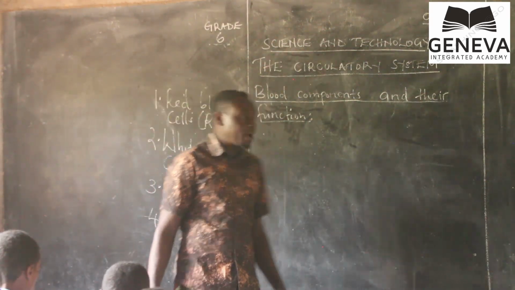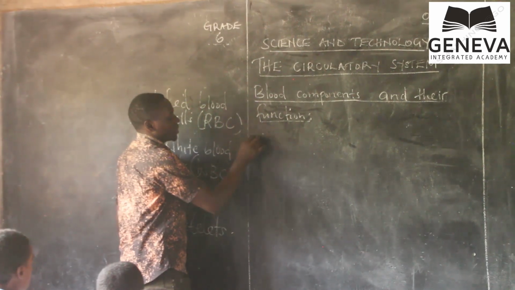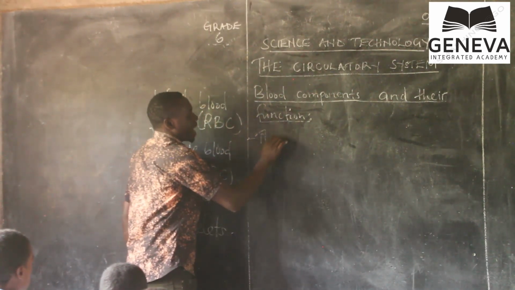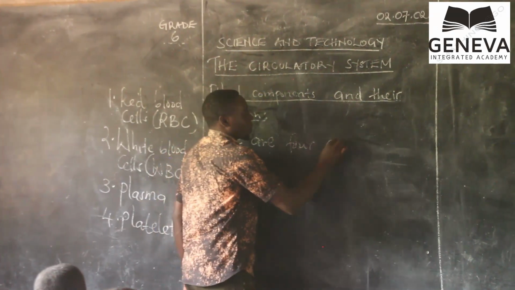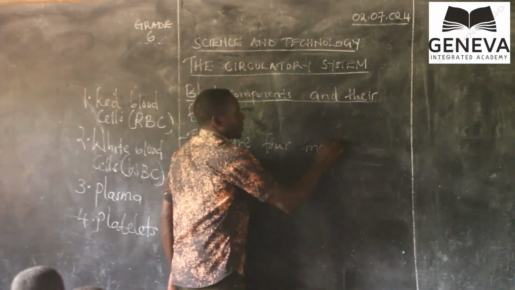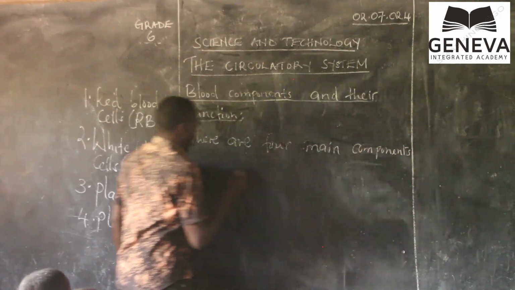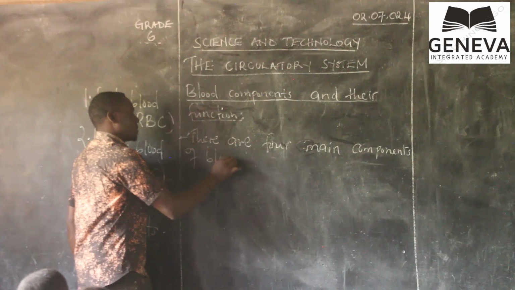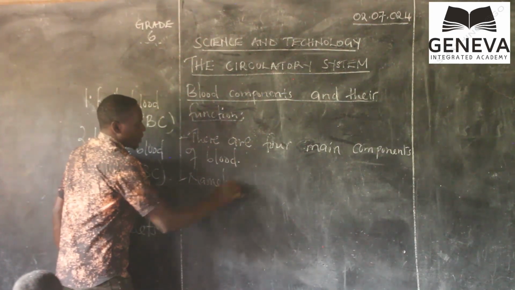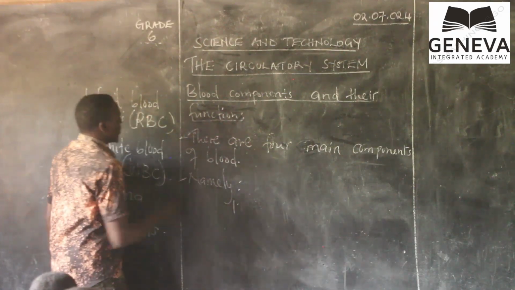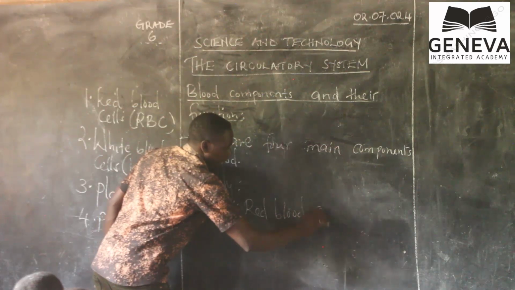So after knowing this, we can just outline them here. There are 4 main components of blood, namely, number 1 is red blood cells.